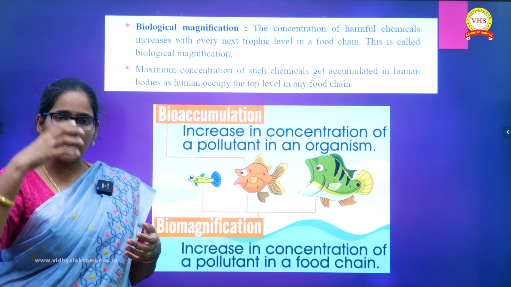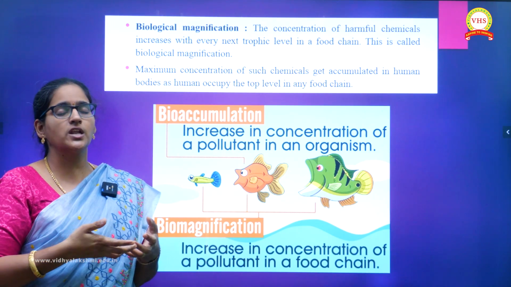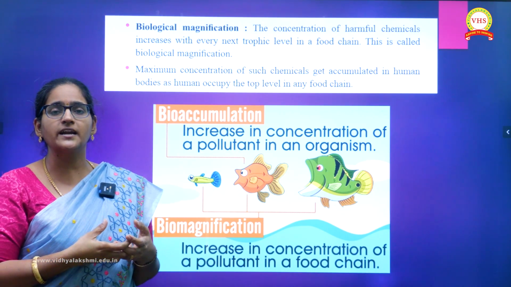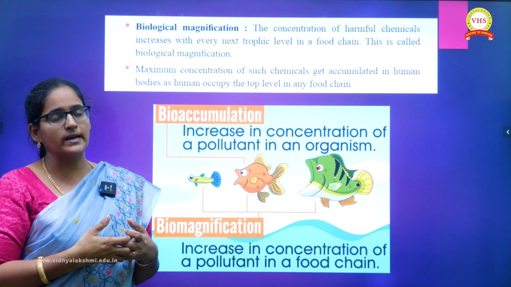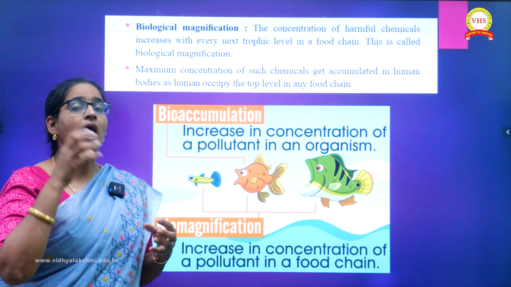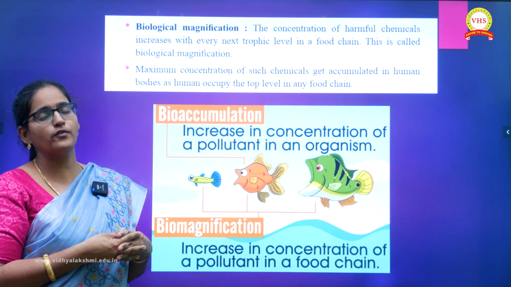Likewise, when secondary consumers become food for the tertiary consumers, the concentration of chemical again accumulates inside the tertiary consumer organism. Like this, in every trophic level you have the accumulation of harmful chemicals inside the body of organisms.